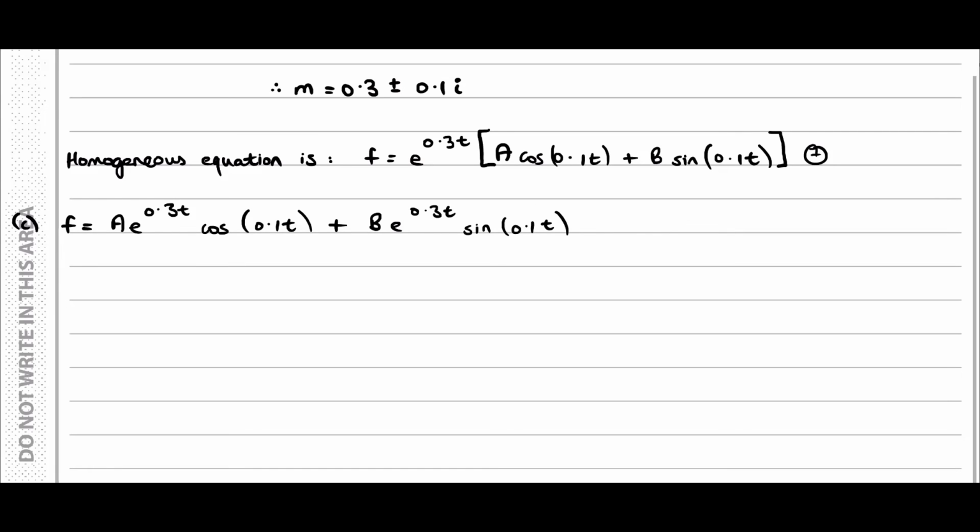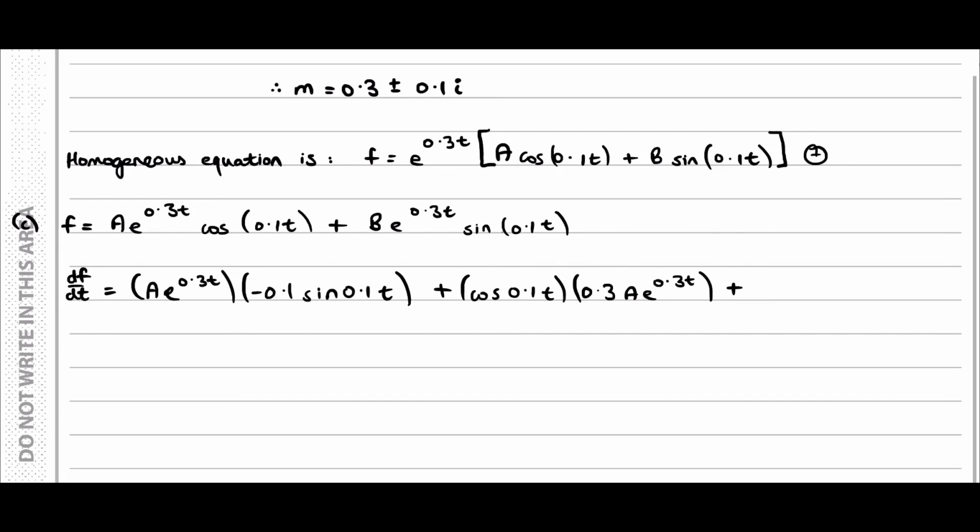And if we use the product rule, df over dt, we have v times u dash, which is minus 0.1 sine of 0.1t, plus u, cos of 0.1t, multiplied by v dash, which is 0.3 a e to the 0.3t.